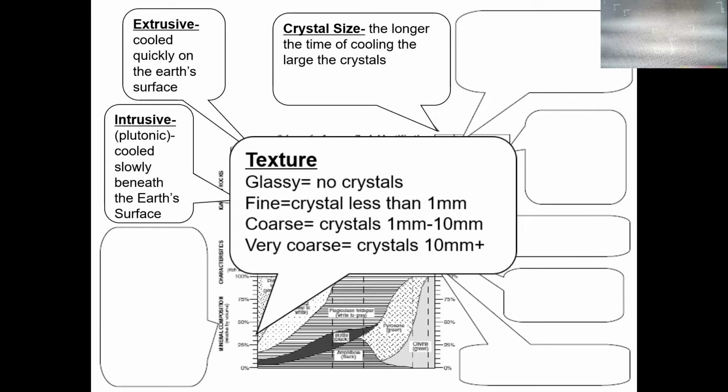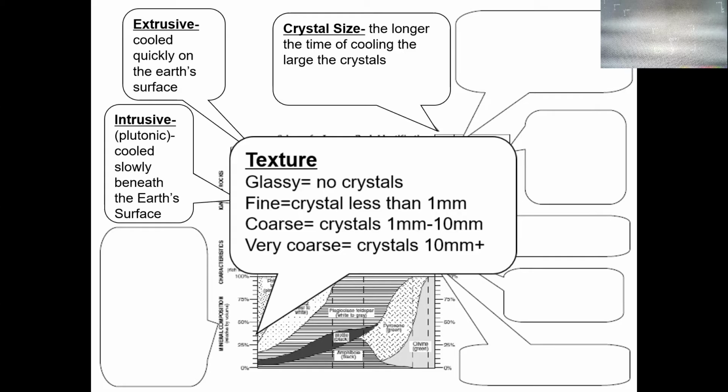This is nothing you have to memorize, because it is right there where the bubble is pointing, to texture. It tells you that glassy says non-crystalline. Hopefully you understand that means no crystals.